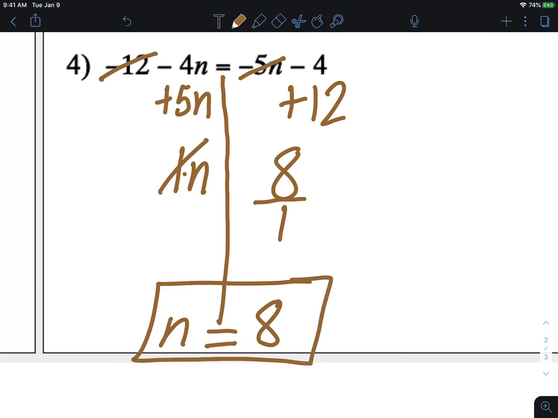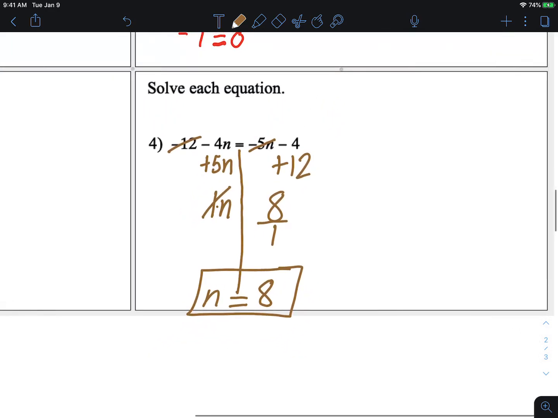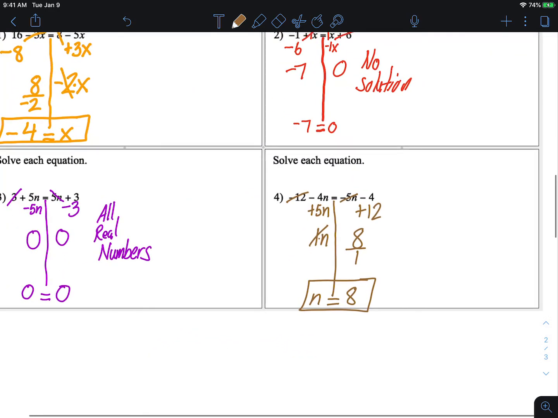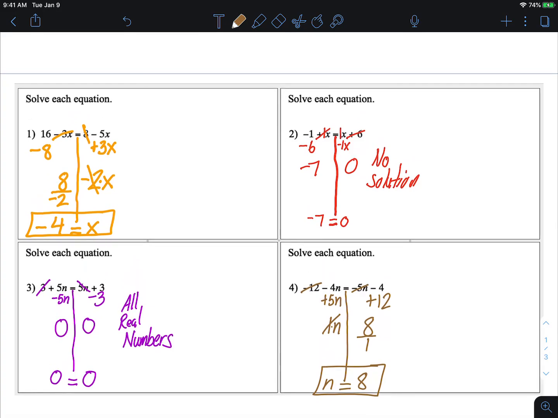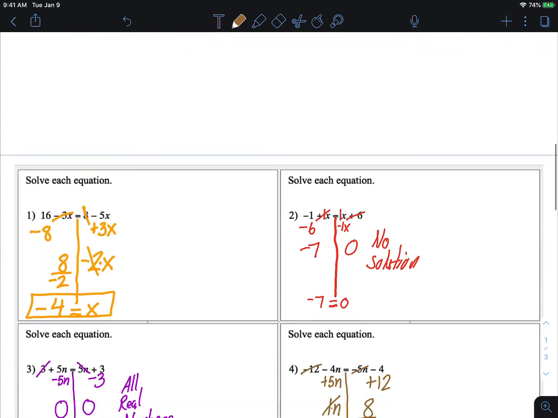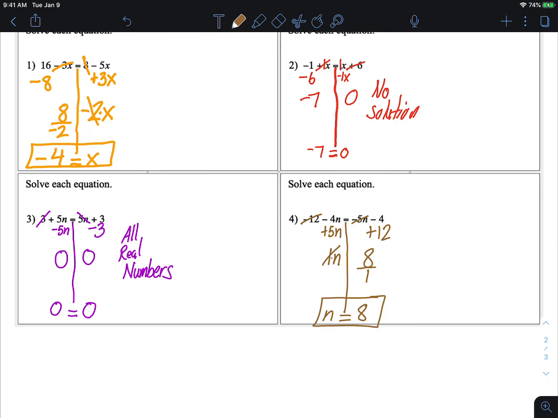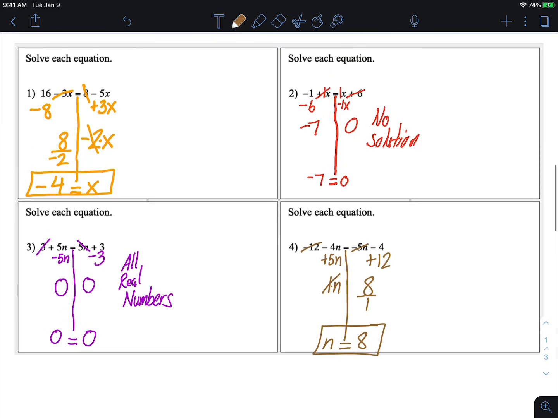So everybody make sure you have copied these in your notebook or in your paper. You will get solutions. You might get solutions like number 1 and number 4, where you actually get answers. See, n equals 8, x equals negative 4.